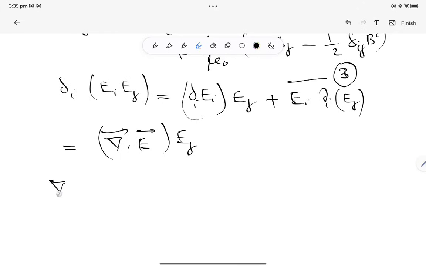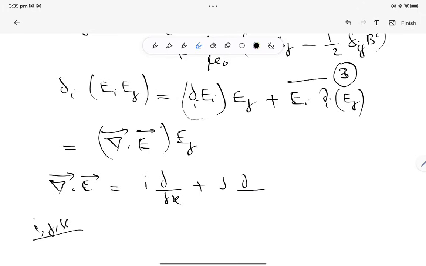Now when you evaluate del dot E, for a moment let me use i, j, k for the rectangular basis vectors. So I will write del expression: i del by del x plus j del by del y plus k del by del z. This i, j is not the i, j indices here.